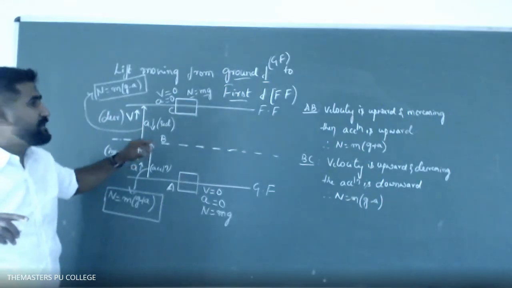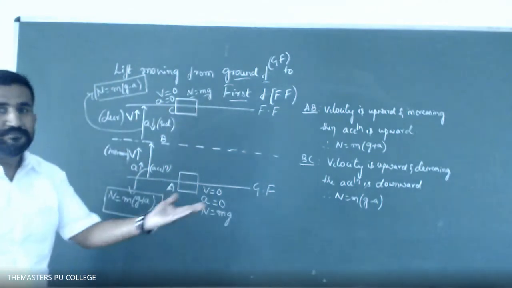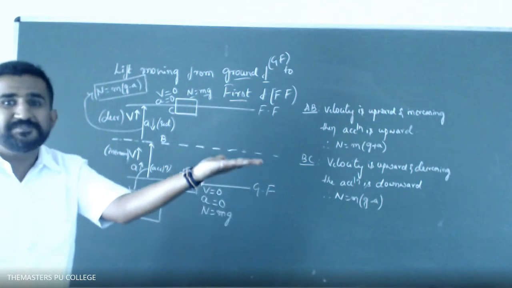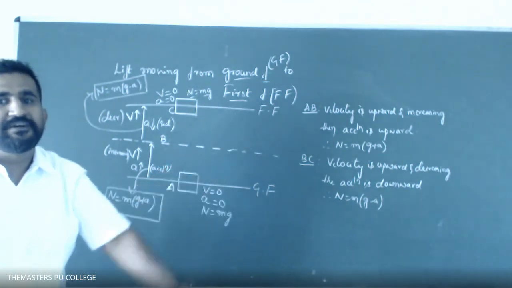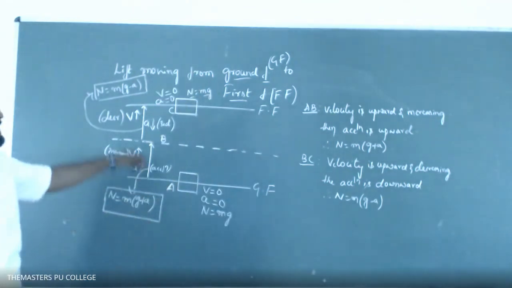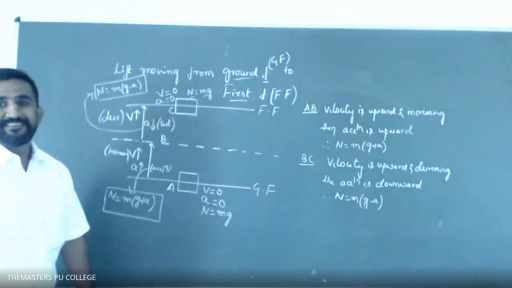Increases, sir. It should decrease, it cannot increase. It should decrease its velocity because it has to come to rest. After reaching a certain height, it has to come to rest, so it has to decrease its velocity now. If it wants to decrease its velocity, then acceleration should act in the opposite direction, correct?